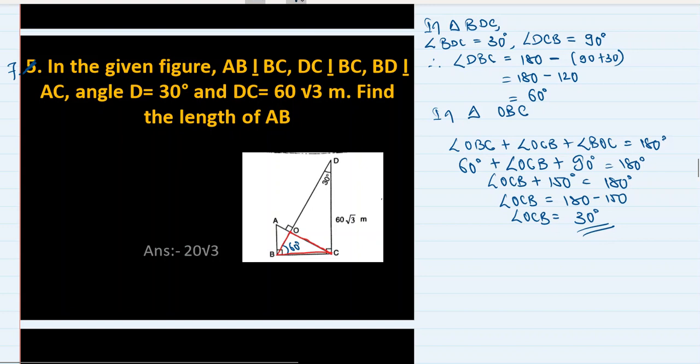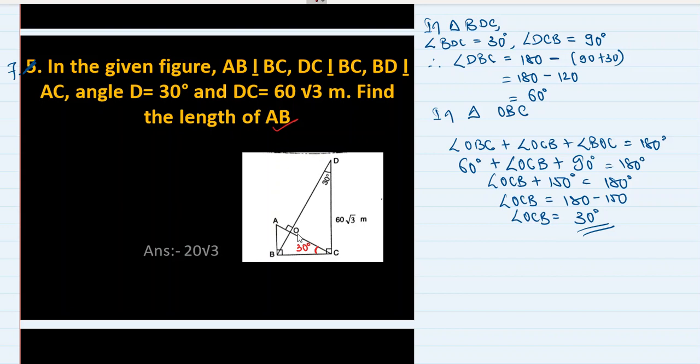So we found angle OCB to be 30 degree. Okay, let me just mention that in the figure because that is what is important. That is angle OCB or angle ACB, 30 degree. Great. Now we have to find the length of AB.